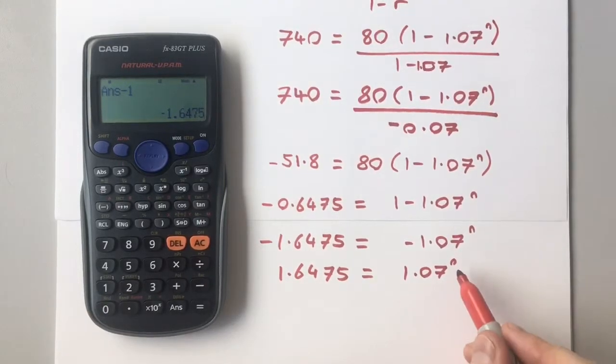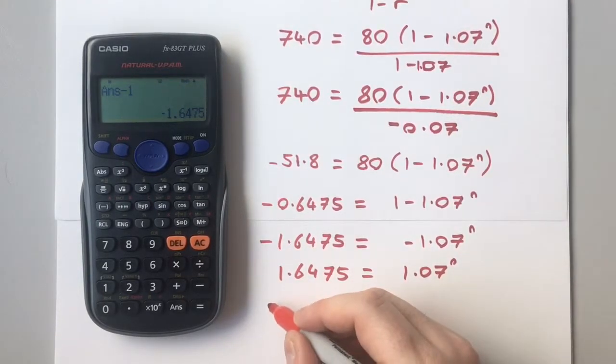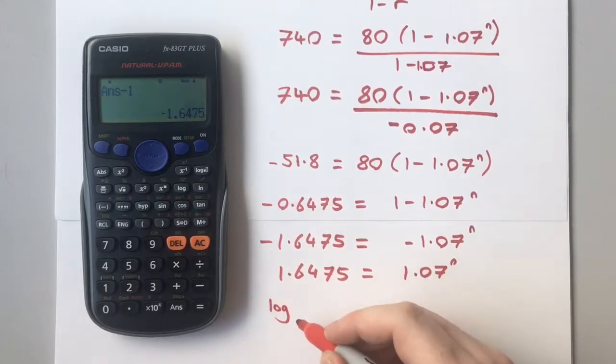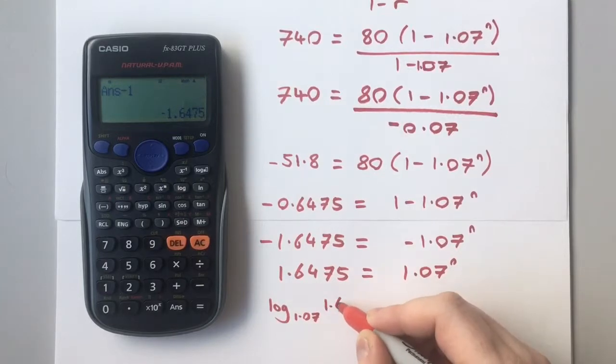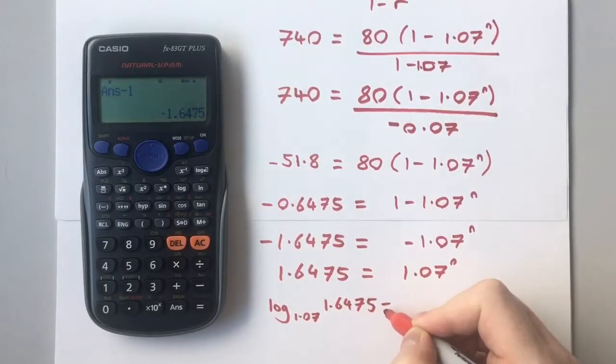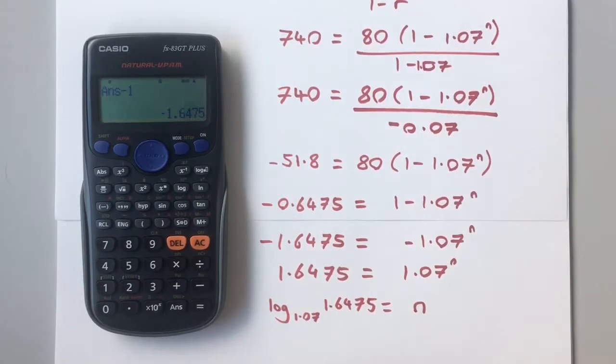Now what I need to do is find out this unknown index of n. To do this, I'm going to use logarithms. I'm going to take logarithms to a base of 1.07 for both sides. If I do this, I will find out that log to the base 1.07 of 1.6475 is equal to just n, because taking logs for the base tells us the index.